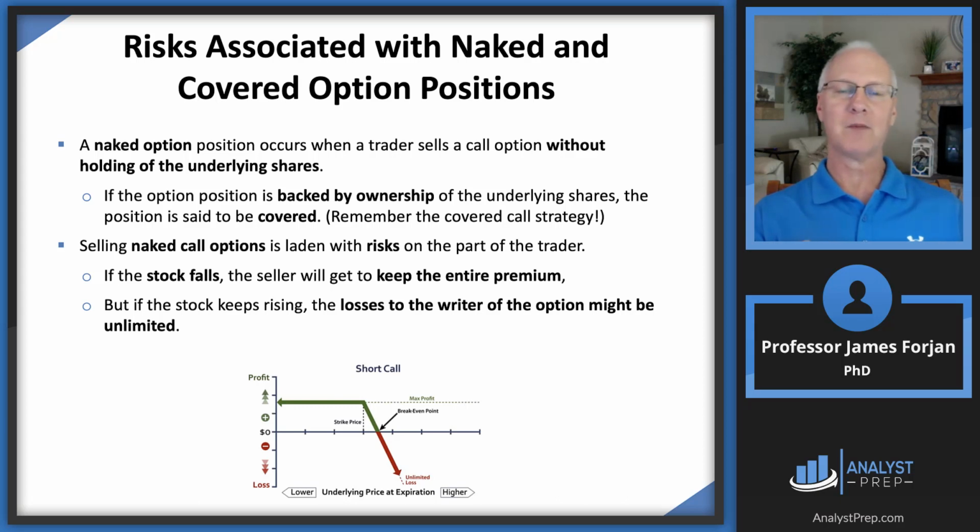But if that stock price is $200 or $500 or $1,000, you're going to be pounding on my door saying, Jim, where's all my money? That's why in that picture at the bottom, look at the red arrow going down. That's my loss as the naked call option writer. If that price goes to 1,000 or 10,000 or even $1 million, of course, it's not going to go to $1 million, but boy, my losses are unlimited. It says unlimited there at the bottom.